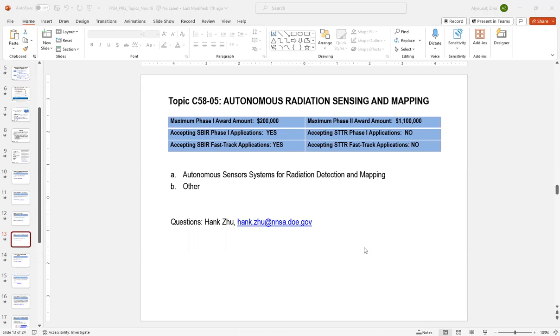This is for subtopic B, other. Does our research have to involve furthering the R&D of both hardware and software, or can we focus on software system capabilities? Well, it's kind of up to you.